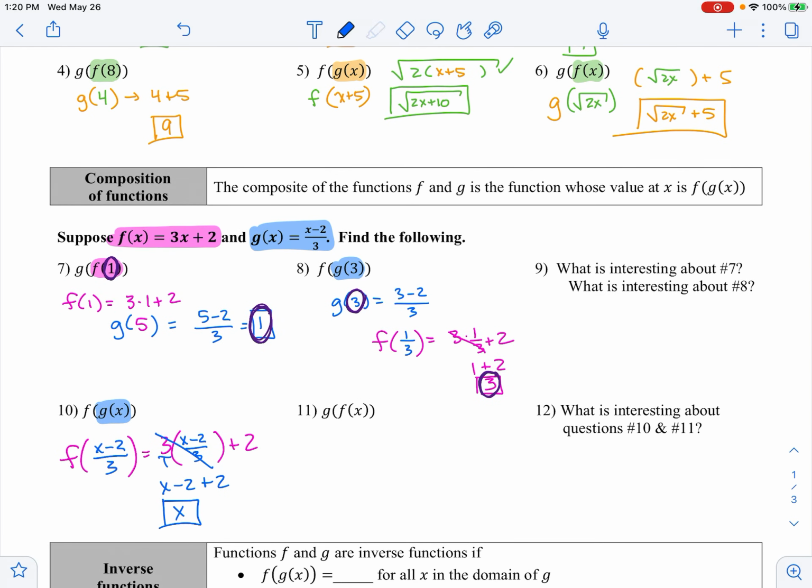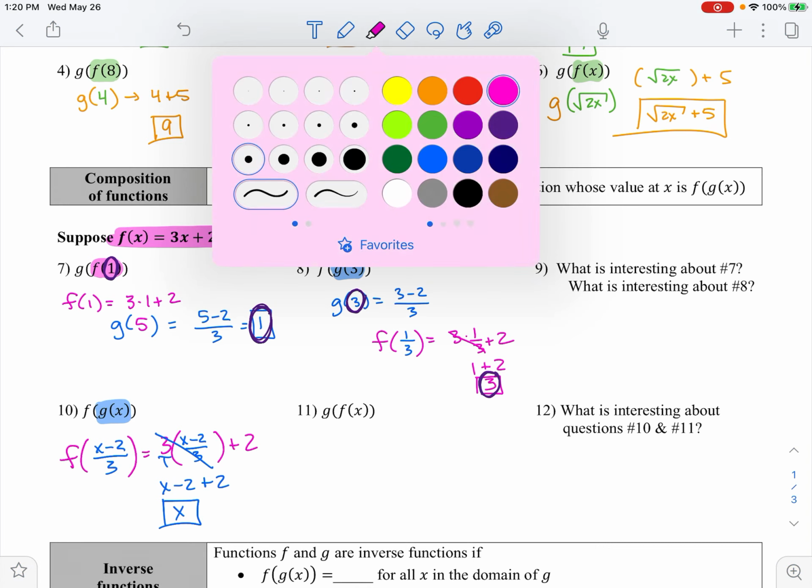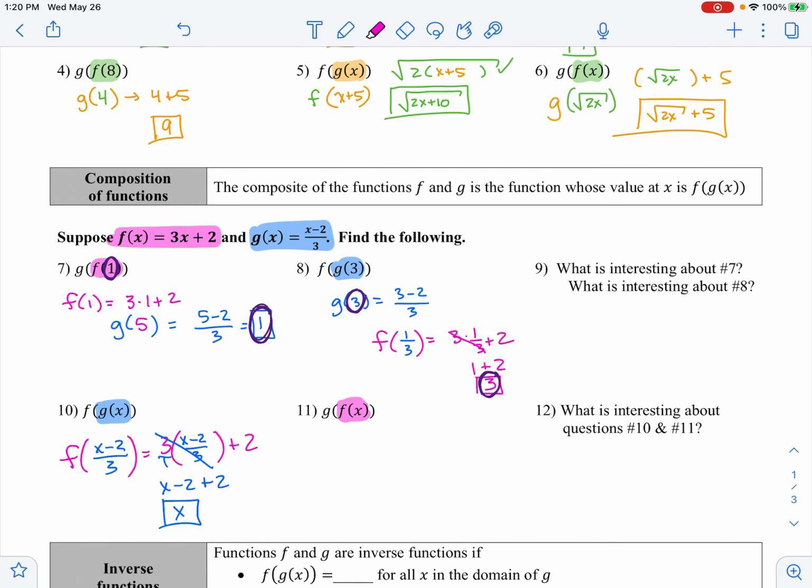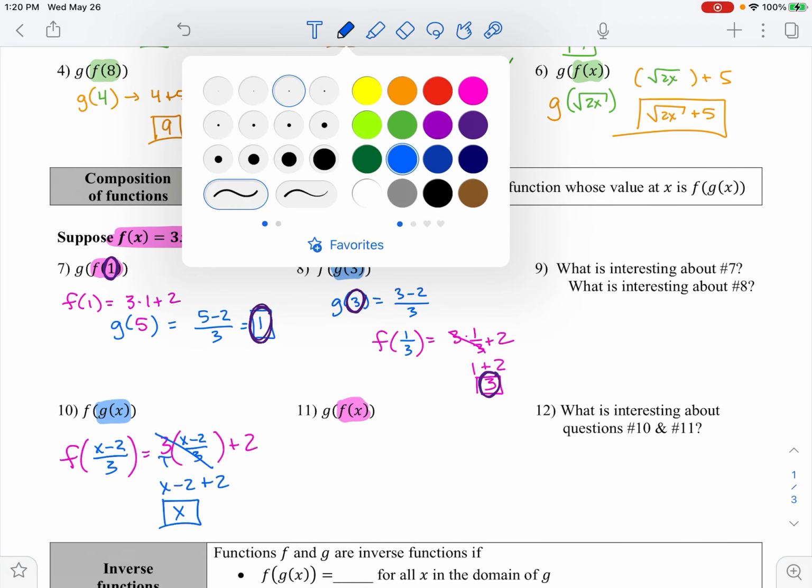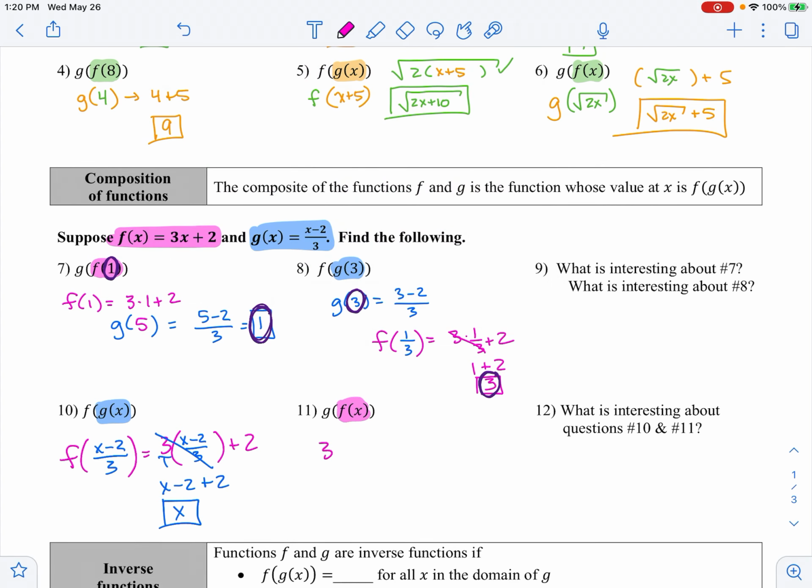For number 11, other way around, I want f first. What is f? f is the equation 3x plus 2, and I want to find g of that. So I'm going to plug that into my g equation. So I have x minus 2 all divided by 3.